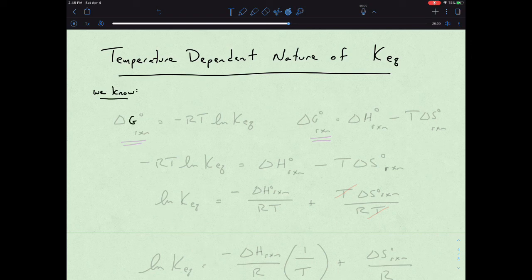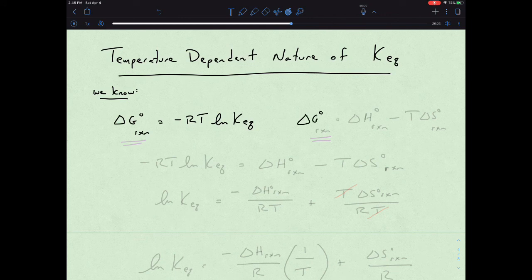Well, we know the delta G of an equilibrium process can be described by its equilibrium constant, or that delta G of a reaction, an equilibrium reaction, is equal to negative RT natural log of big K.